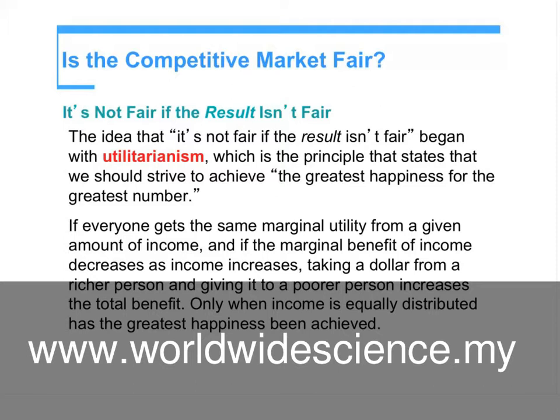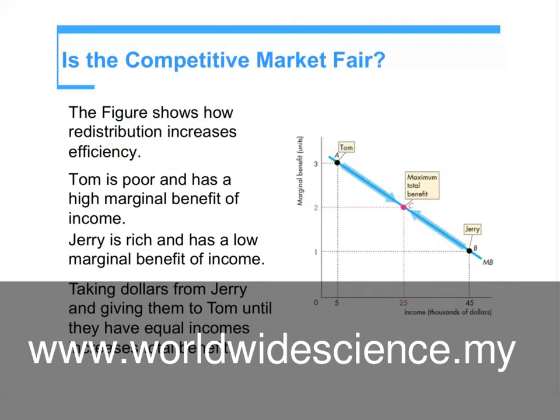Total benefit is what they get on the line. So as you can see, Tom has a very high marginal benefit of income, and Jerry has a very low one because he's rich. That's what we were trying to explain.